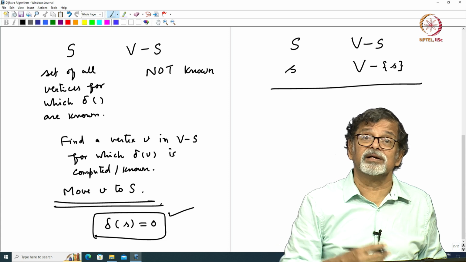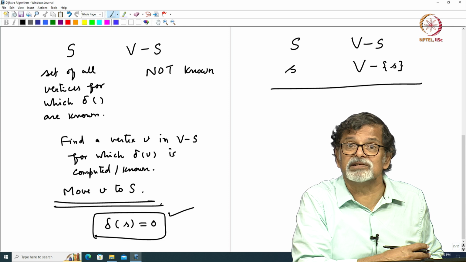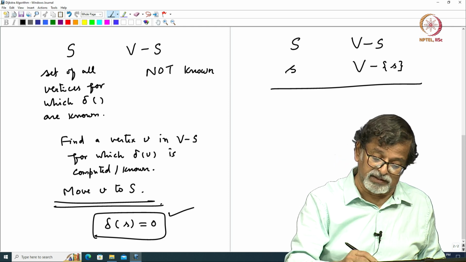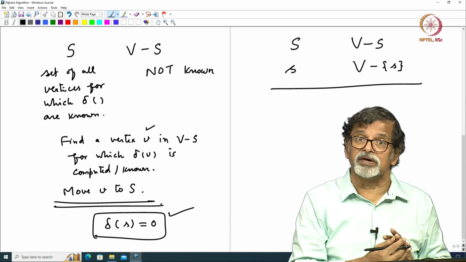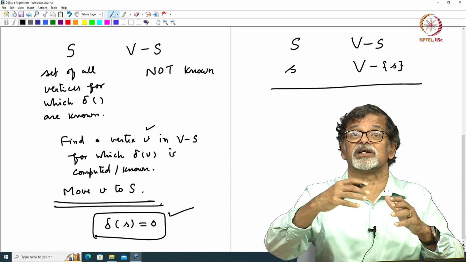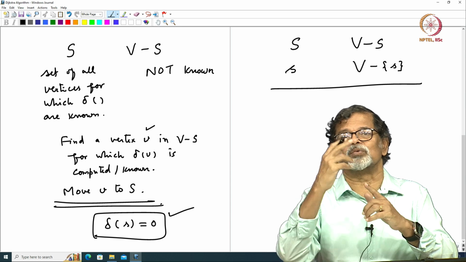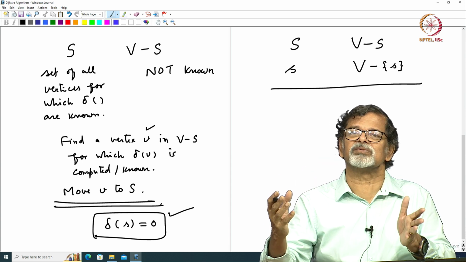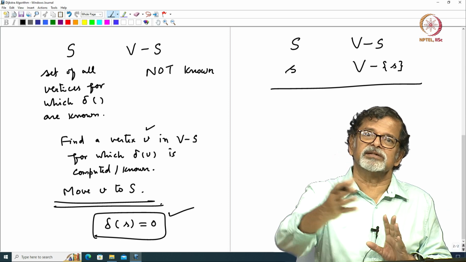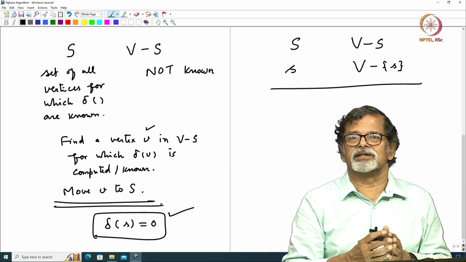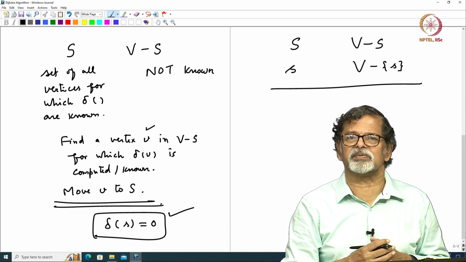What should I do with vertices in V minus S so that I identify this V? After identifying the V, I can move that V to S. So, S will become larger and larger. In each iteration it will be larger by one vertex. So, after n minus 1 iterations all vertices will be moved here, V minus S will be empty, and the job is done. For all vertices I have found out the shortest path.